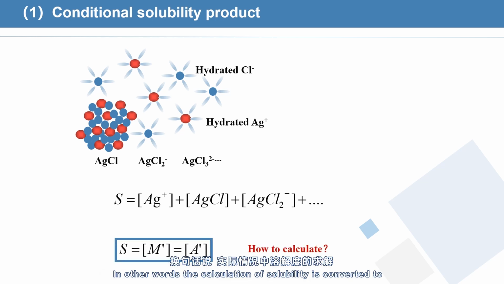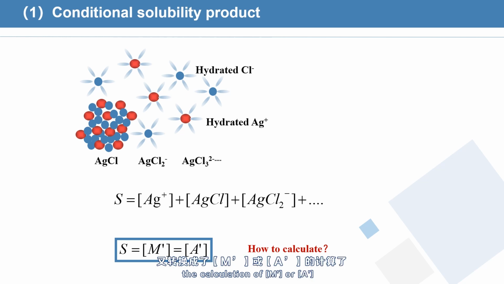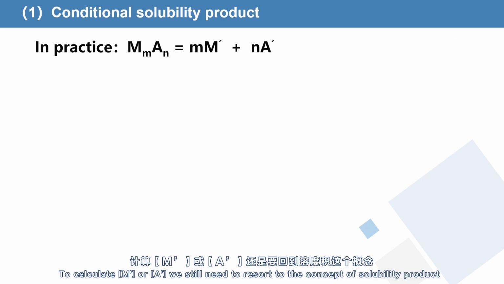In other words, the calculation of solubility is converted to the calculation of M' or A'. So, how to figure out these two parameters? To calculate M' or A', we still need to resort to the concept of solubility product.